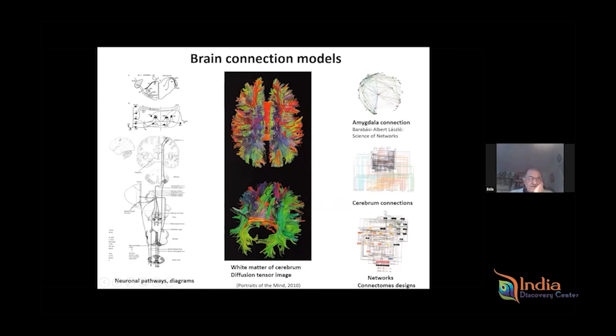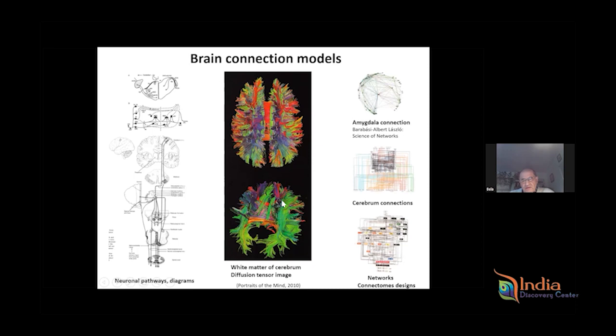So here, again, is a kind of historical image, where people in the old days sketched the neuronal pathways as line drawings, showing different parts of the brain, and the lines show the connections between the different structures.